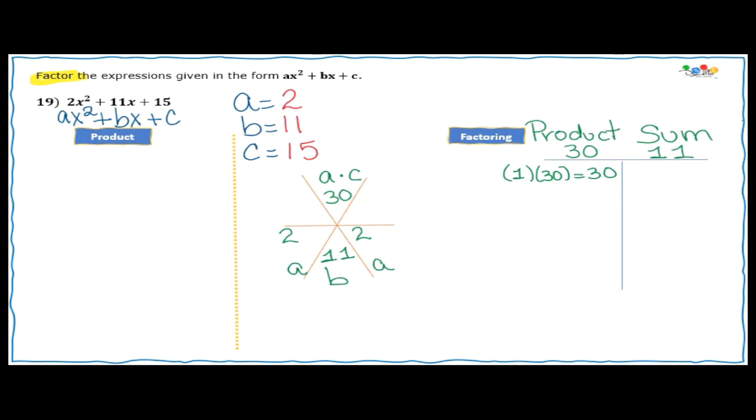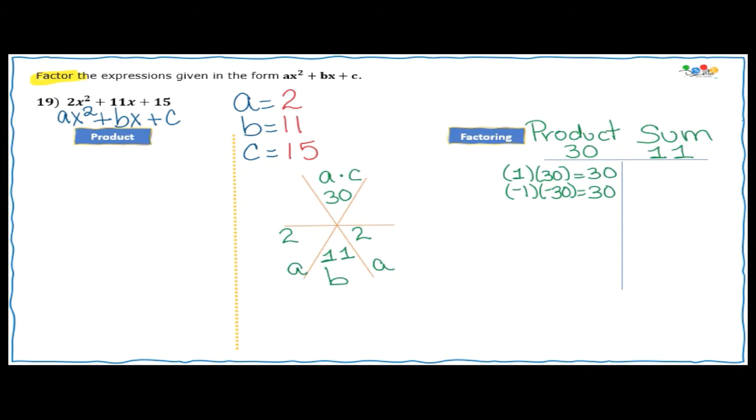At this point, I still need to think that negative 1 times a negative 30 also gives me a positive 30. And I know what you're thinking, Miss, I don't need it. Yeah, there are some other ways that you can eliminate some answer choices, but we're not going to go through those right now. I just want to make sure that you get this concept, and eventually we'll see if you can give me a summary of why sometimes you can skip some of the steps, but not yet.